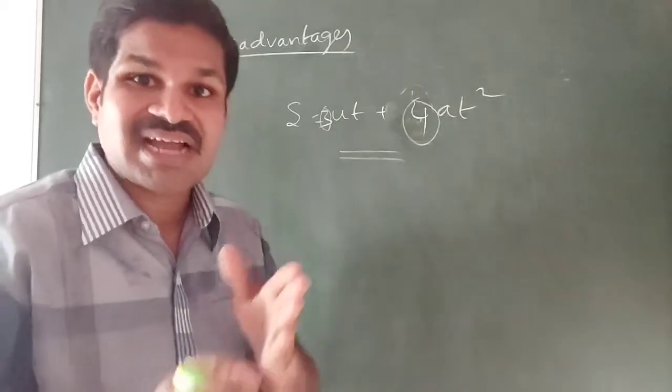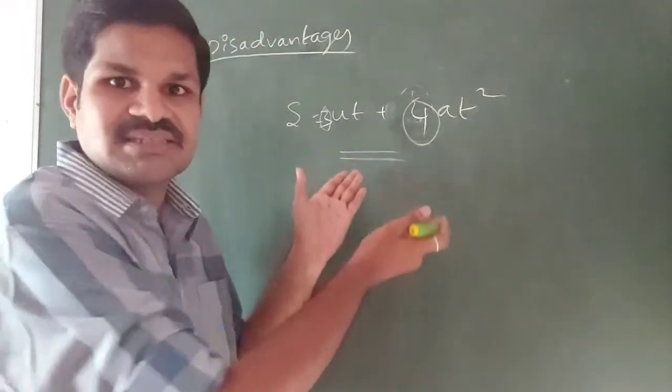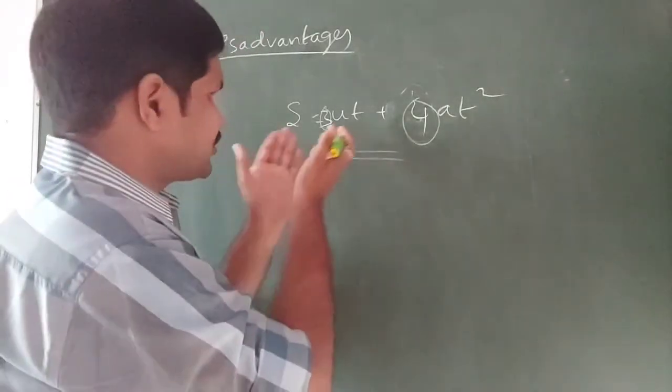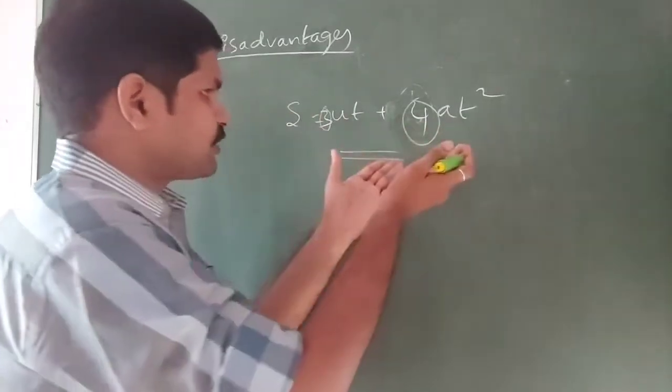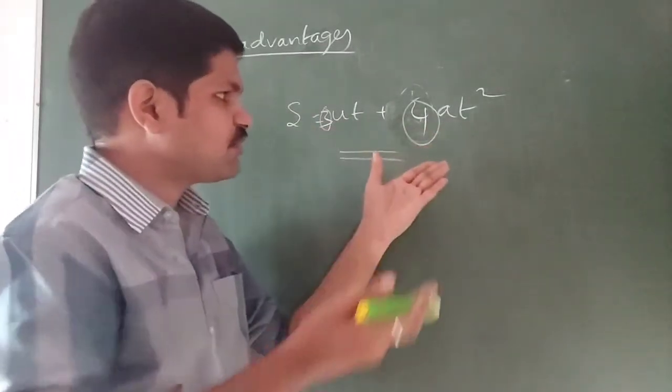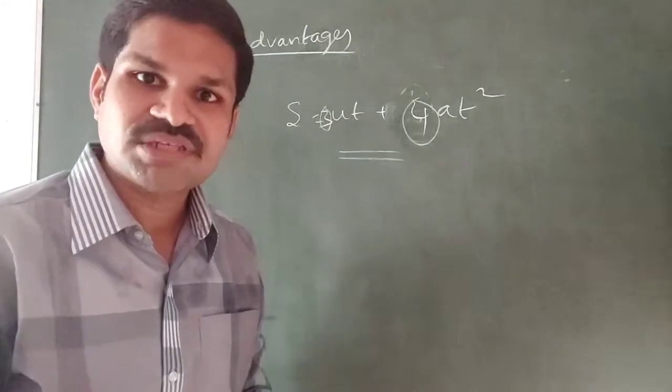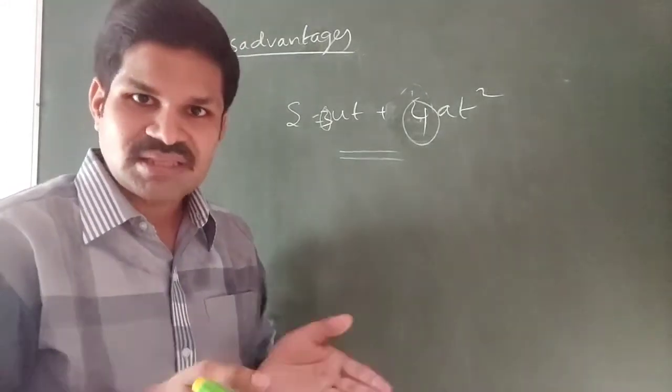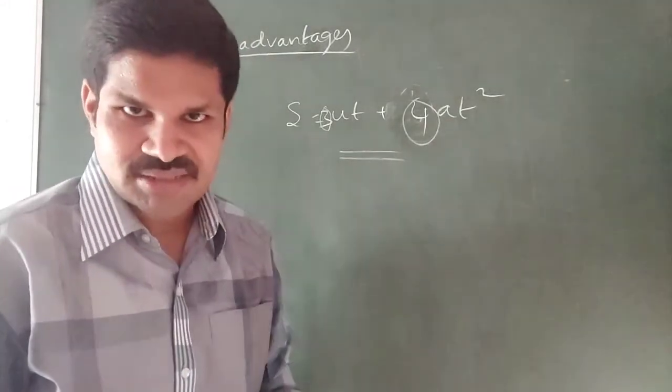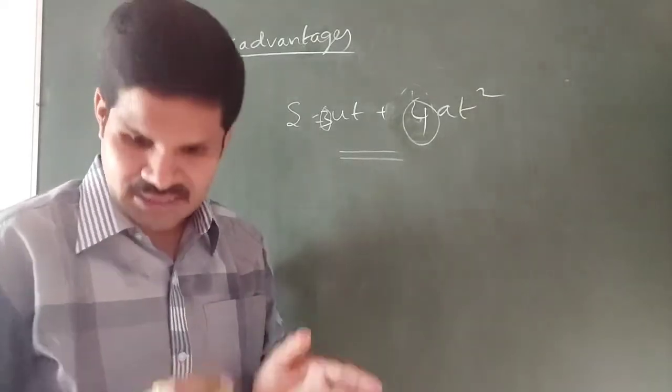But the dimensional consistency is valid in this equation. So whether it is S, ut, half, or 4at square, the total equation follows the principle of homogeneity. So this was a major disadvantage in dimensional analysis.